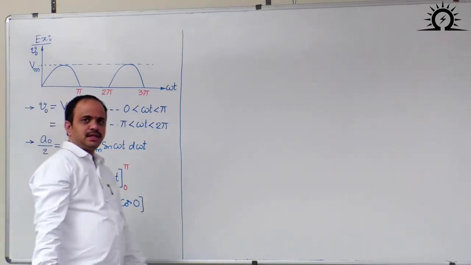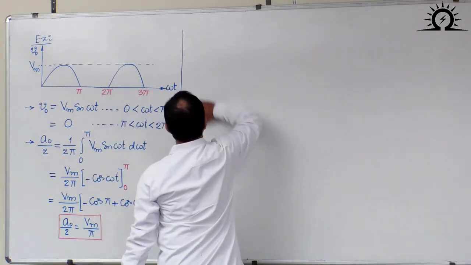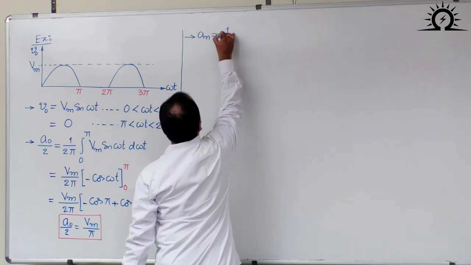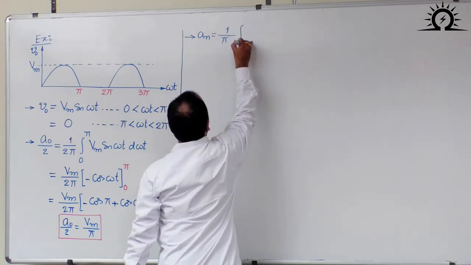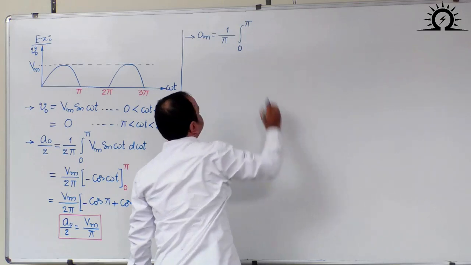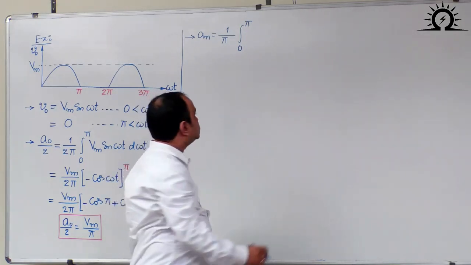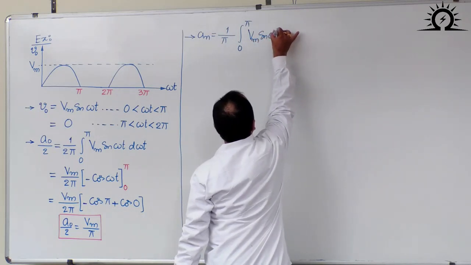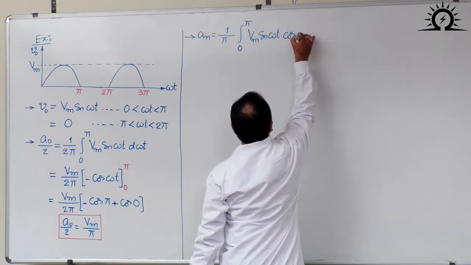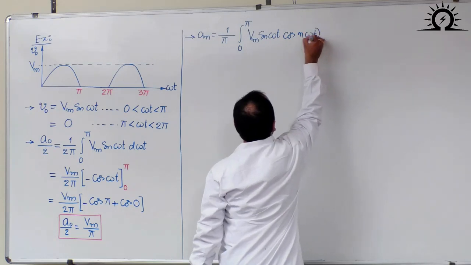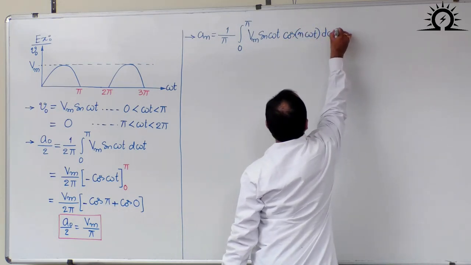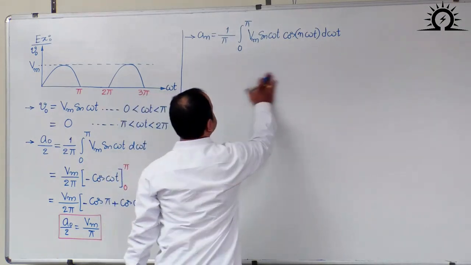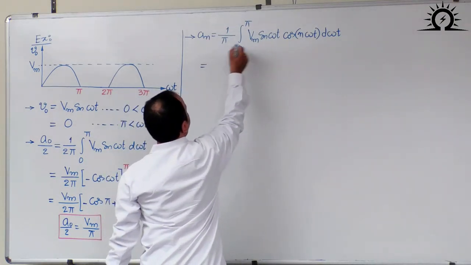Next, let us find An coefficients. An calculation. An is equal to 1 by pi integration from 0 to pi the given function Vm sin omega t multiplied with cos of n omega t d omega t. So let us simplify this.